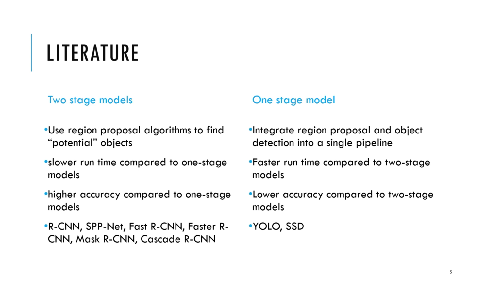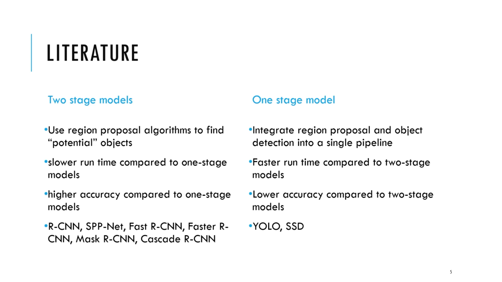Here we haven't detected the objects yet, we're just predicting where the object might be in the scene. There are different techniques to do region proposals, for example, sliding window and some other techniques. It is slow to run, but it has higher accuracy because we can make multiple runs on each frame just to find the objects. The most famous examples in literature are RCNN, Fast RCNN, and Mask RCNN.